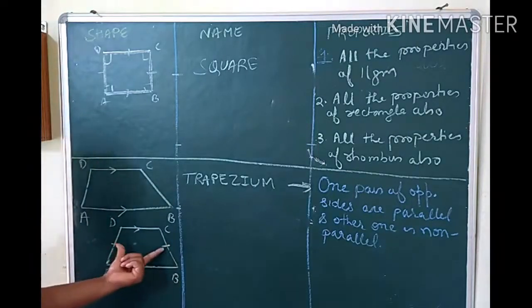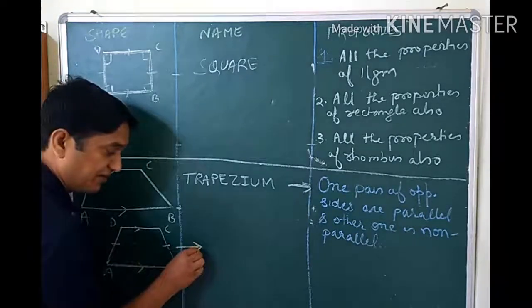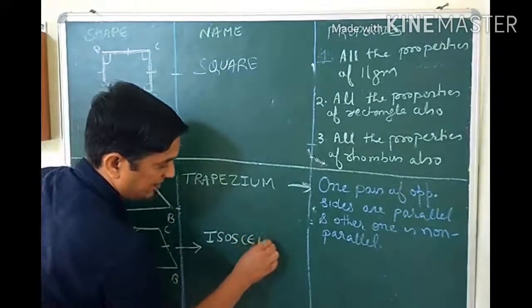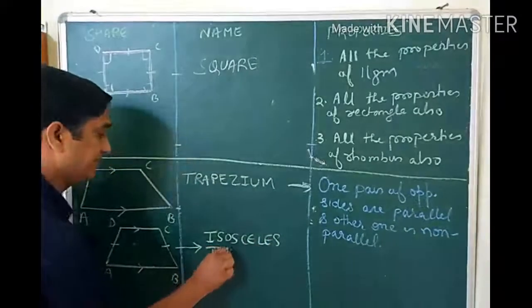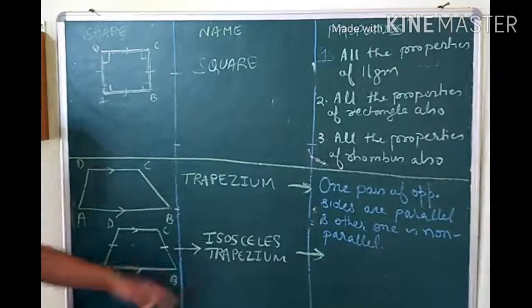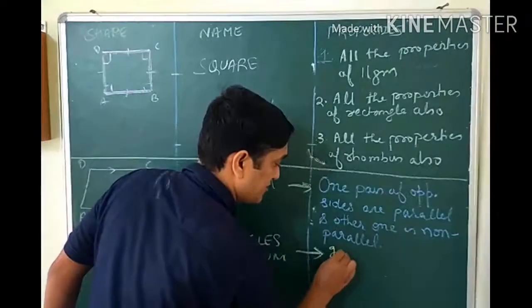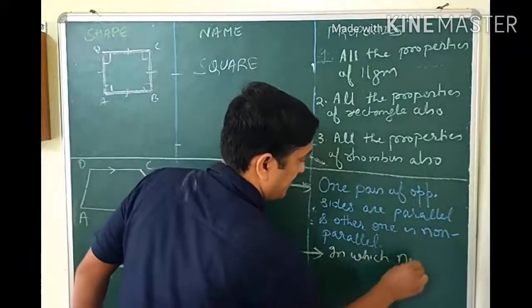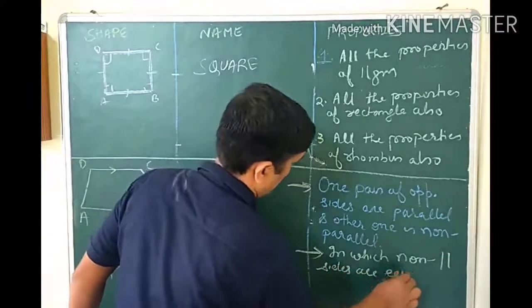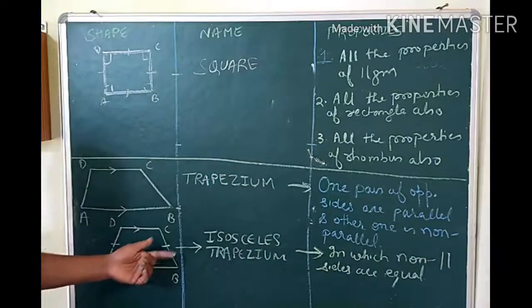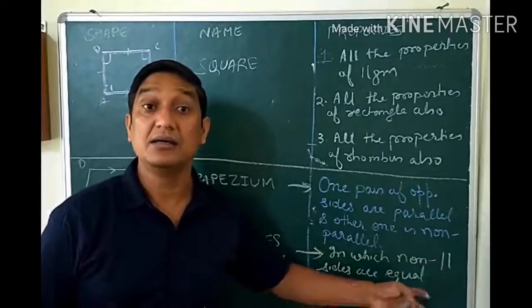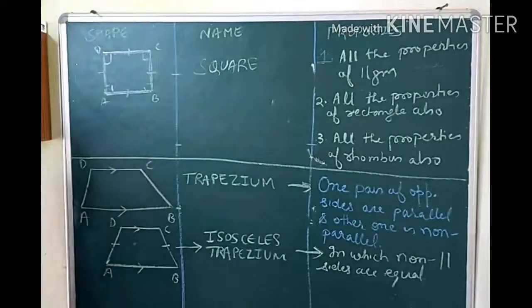If the non-parallel sides are equal, such a trapezium is called an isosceles trapezium. Please children, everyone learn this.